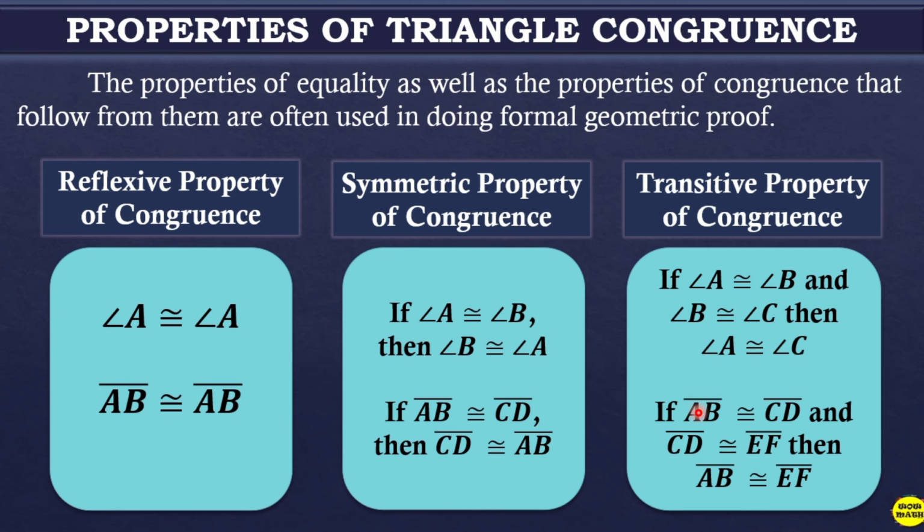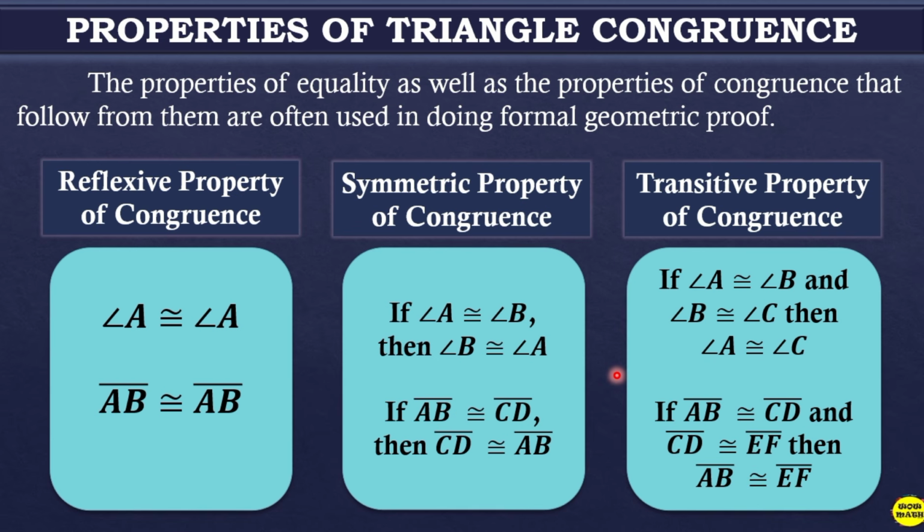If segment AB is congruent to segment CD, and segment CD is congruent to segment EF, pareho silang congruent sa segment CD, so ibig sabihin itong dalawa ay congruent din. Then, segment AB is congruent to segment EF.